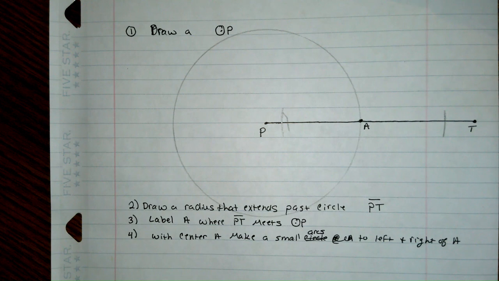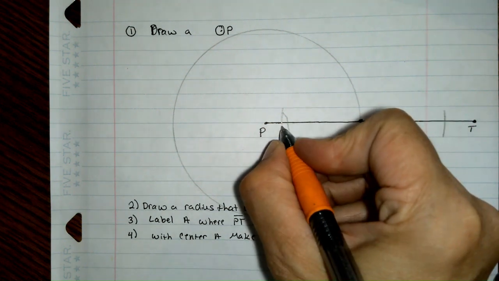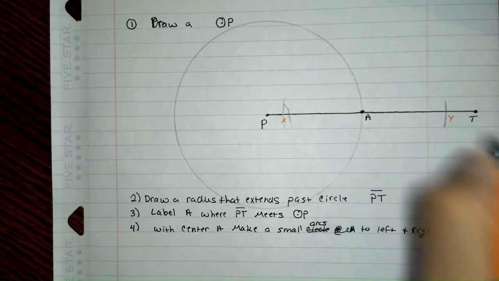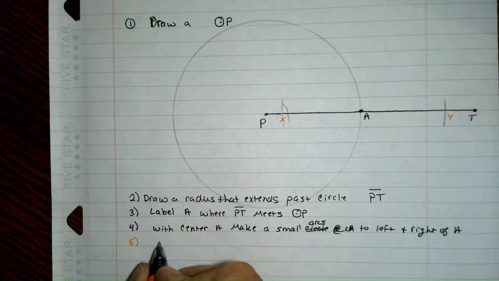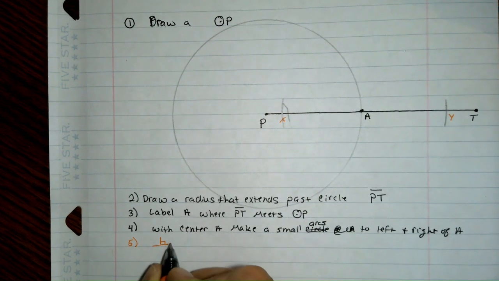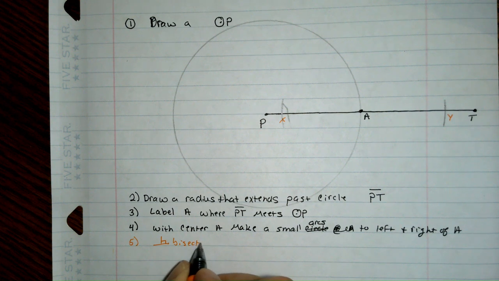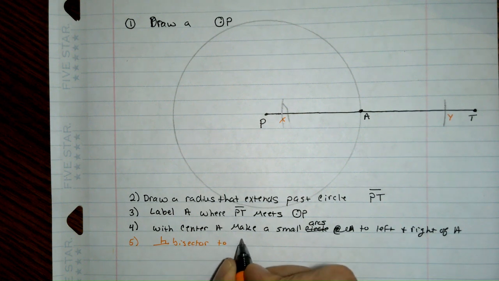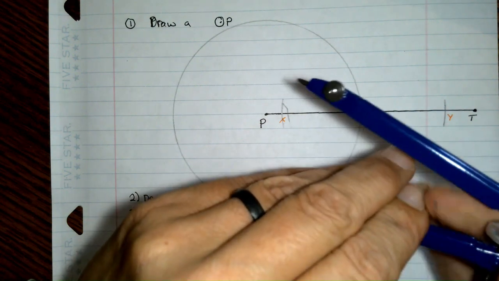Okay, now we're going to use these marks to construct a perpendicular bisector. I'm going to call this X and Y. So step 5 is to draw a perpendicular bisector to XY. So make your compass a bit bigger.